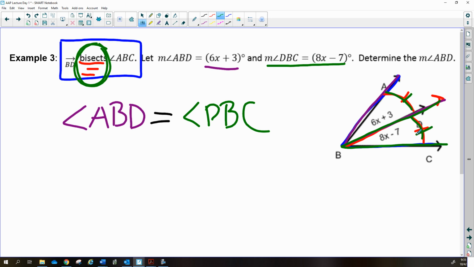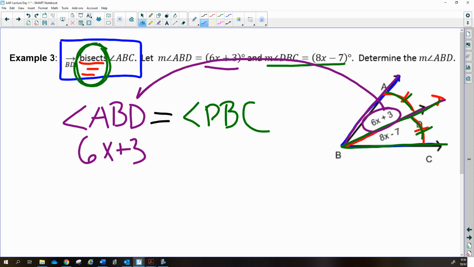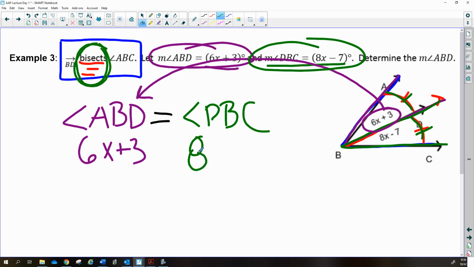So with that said, I'm going to come up here and say that angle was 6x plus 3. I substituted into this formula what angle ABD is. It's the same thing that I had right up here. I'm going to do the same thing with DBC and put 8x minus 7 here.